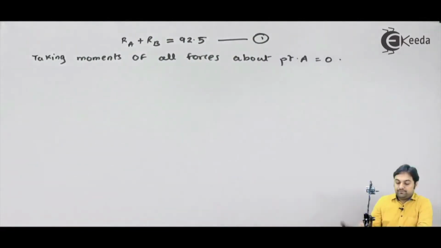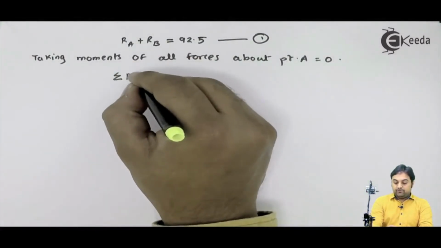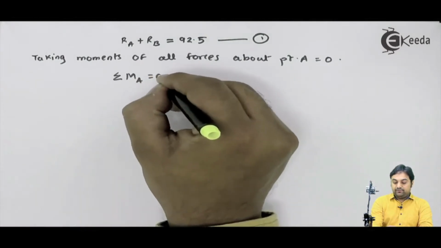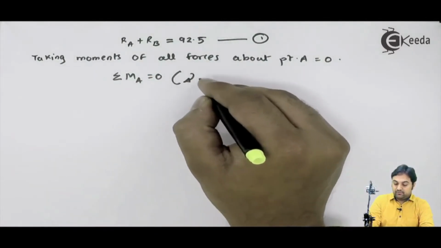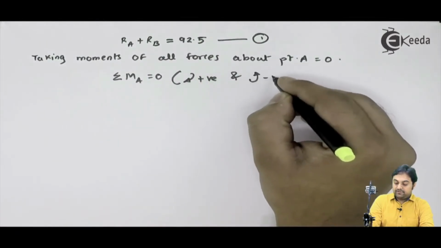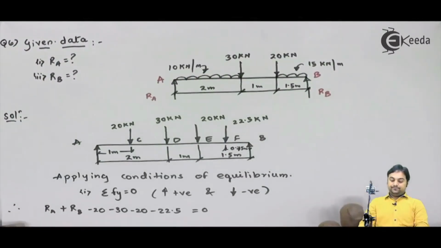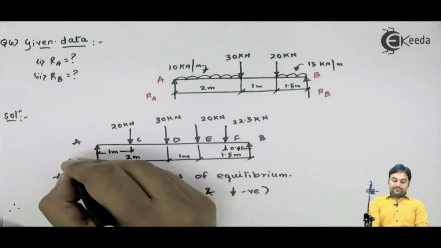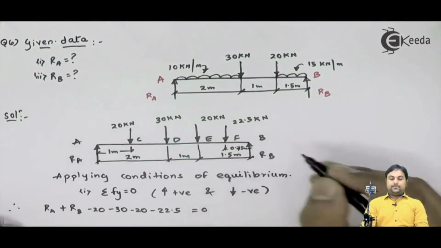Next, I will take the moments of all forces, that is summation of moments of all forces about point A is equal to 0, and as per the convention I would be taking clockwise moment positive and anti-clockwise moment negative. Therefore, if I see in this question, here I would be having RB.